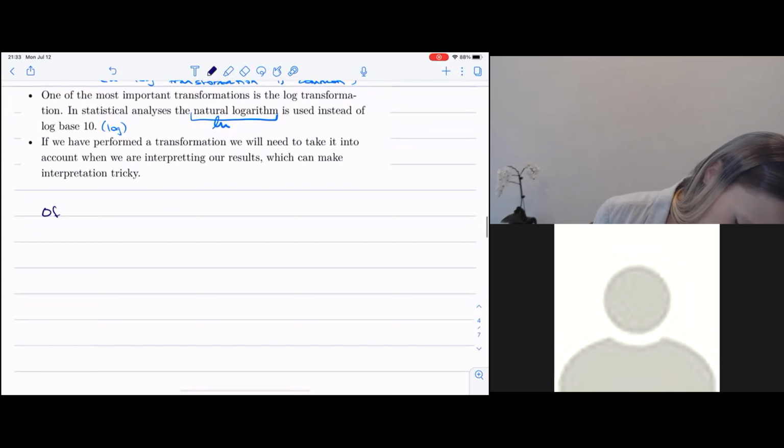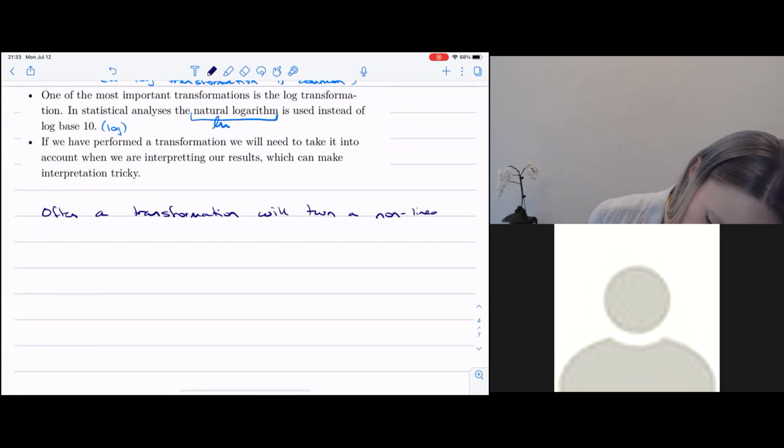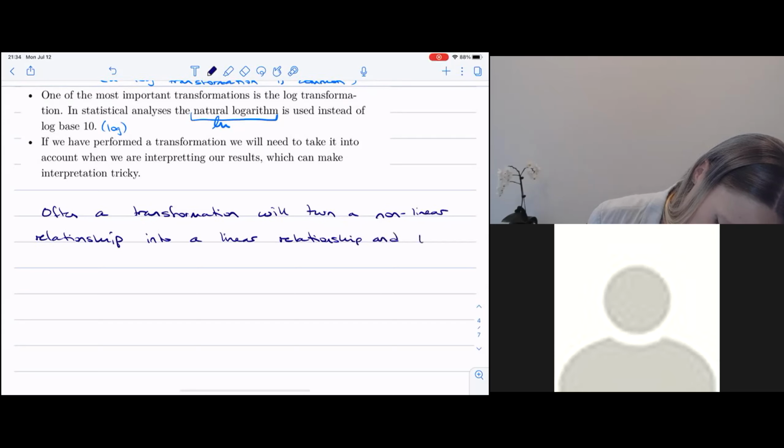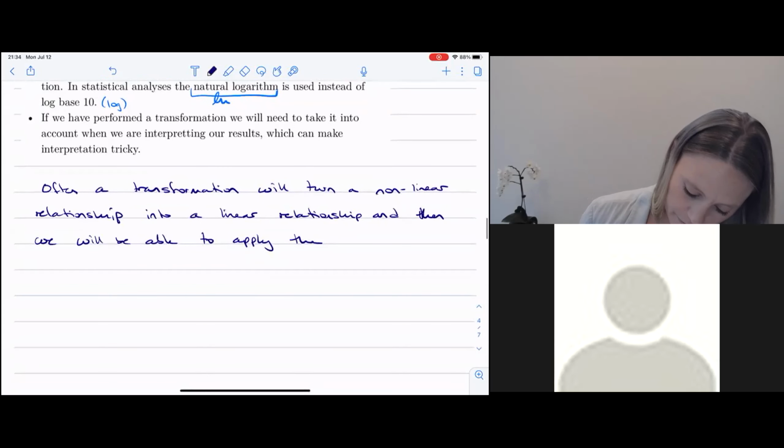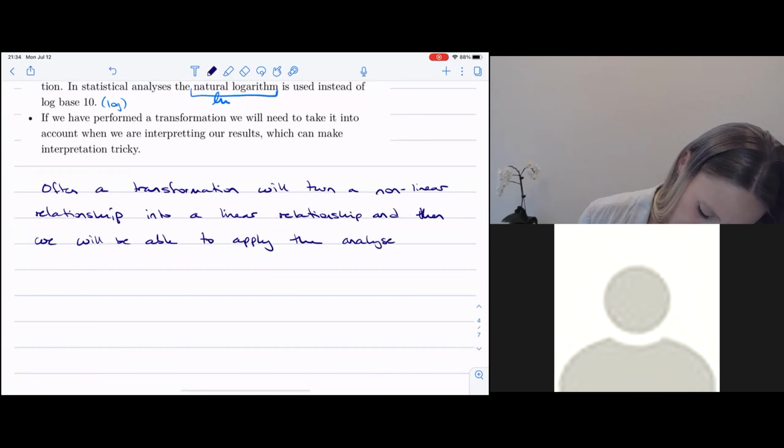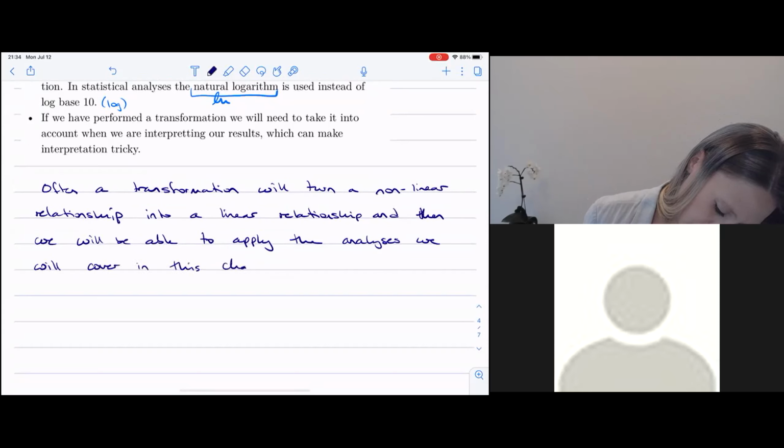So often a transformation will turn a nonlinear relationship into a linear relationship, and then we will be able to apply the analyses we will cover in this chapter. We haven't covered it yet.